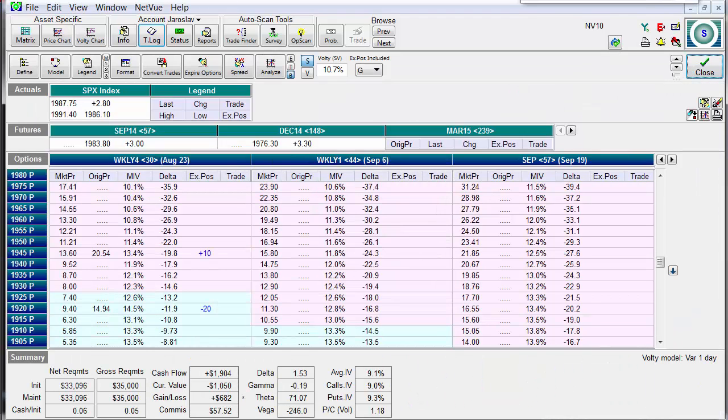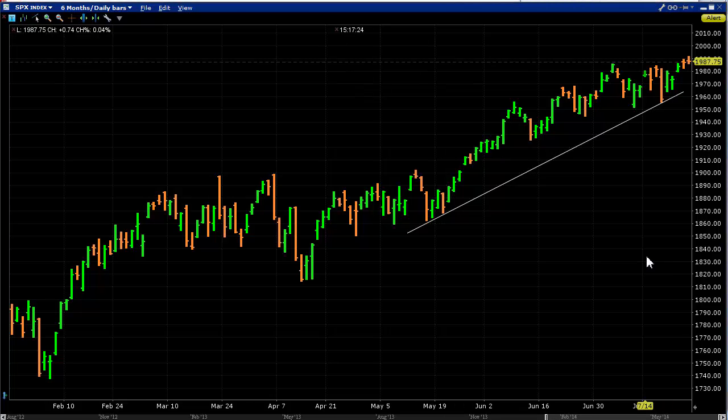Let me look at the chart again. It's really hard to call which way it's going to go. We could do a little profit taking, get down to 1980, maybe 1970, or we could press higher. It looks like we've got 3 days of higher highs and higher lows, actually 4 days if you count this. That's an inside bar. This is bullish, a little bullish formation.